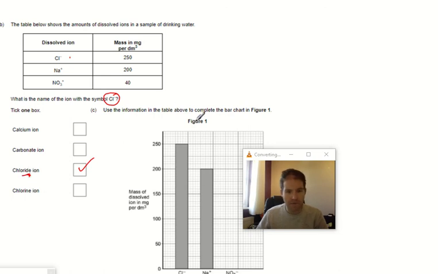Use the information in the table above to complete the bar chart, figure 1. We need the NO3 minus, we've got to go to 40. Each one's 5: 5, 10, 15, 20, 25, 30, 35, 40.